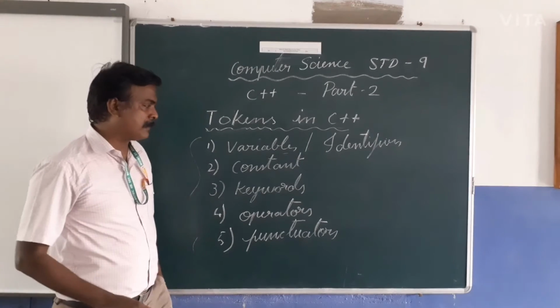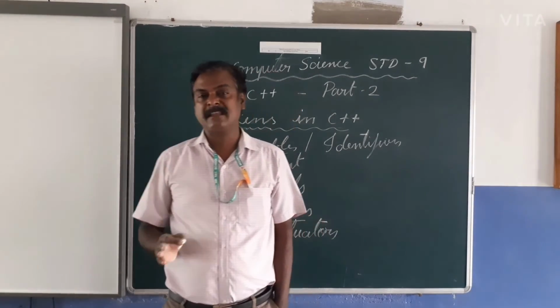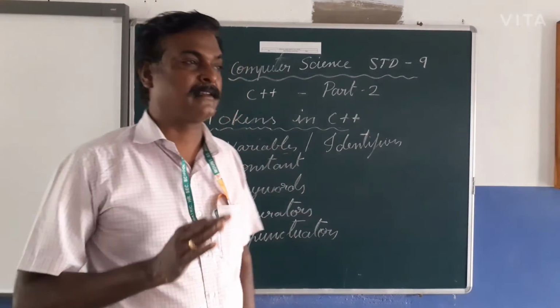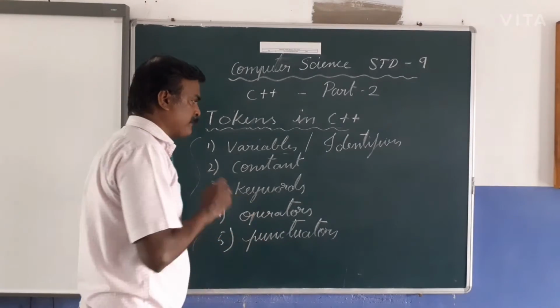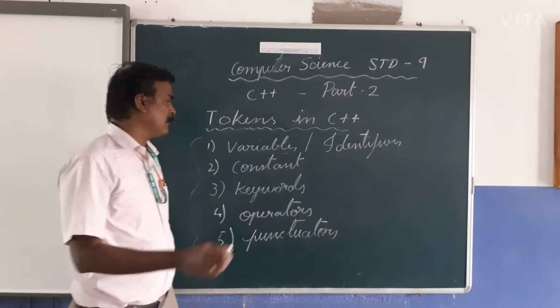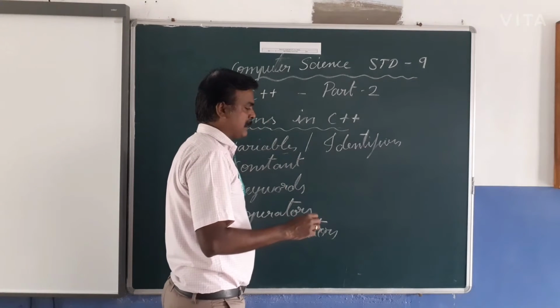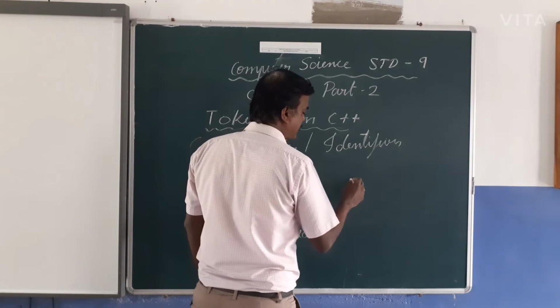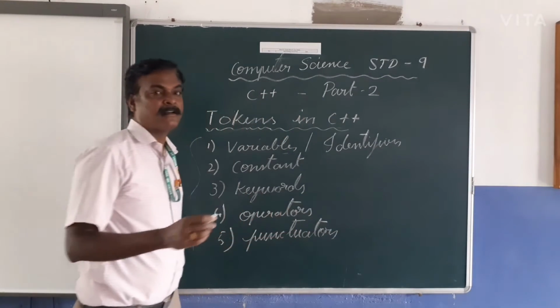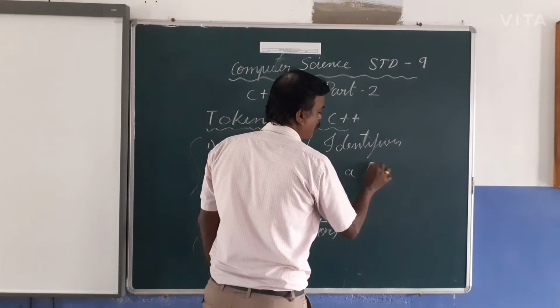For example, in computers, all values have an address to be stored in the computer. That address we call an identifier, that we call variables. Variables can be any characters from A to Z, small a to small z.